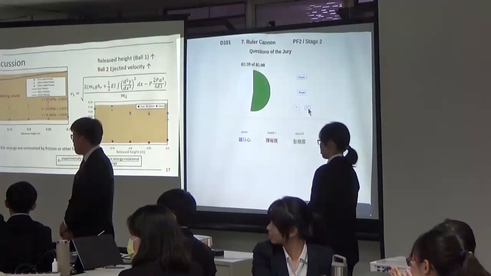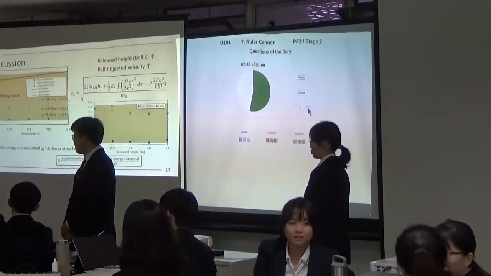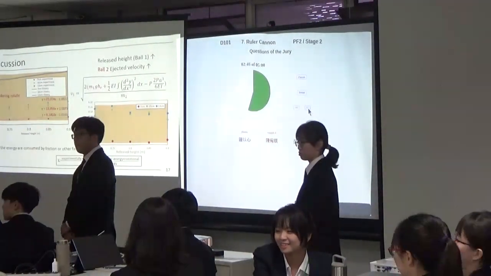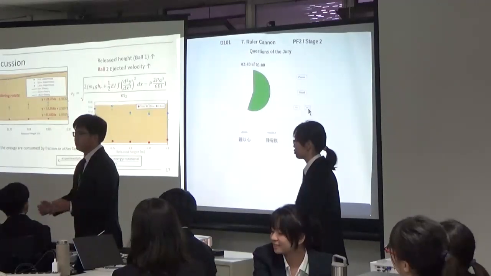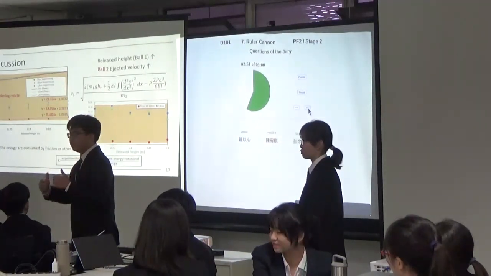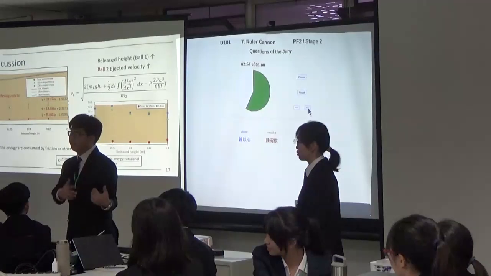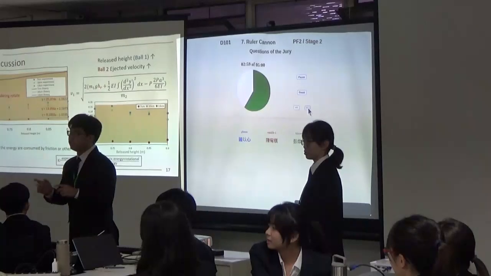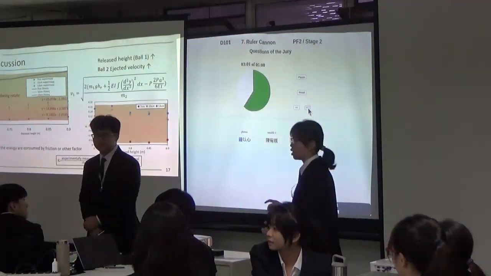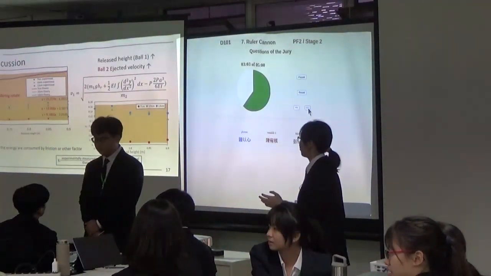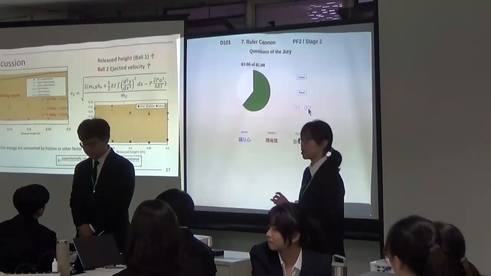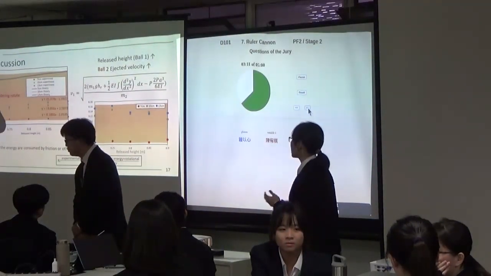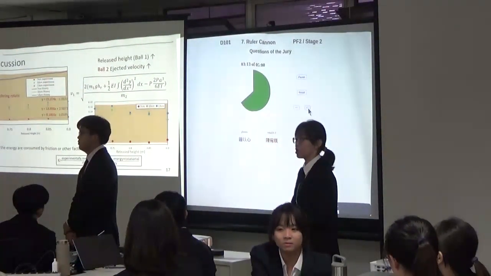The initial elastic potential energy of the ruler will also affect the energy. Yes, I agree with you, because not 100% is transferred into the ball. This is why we mentioned in the next discussion that we need to discuss the ratio of the energy transfer. I think it's not all transferred. If the height is too small, the air resistance can be ignored. So in some conditions it will not be 100%, but it's almost.